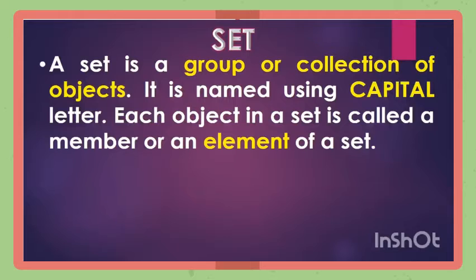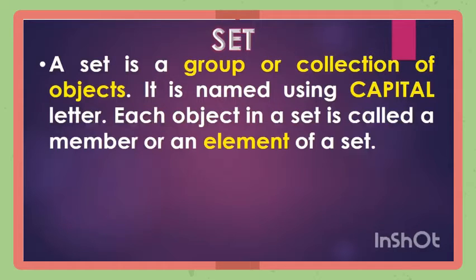Remember that a set is named using capital letters. So, kagaya ng example ko kanina, yung group name nila, set A, set B, and set C, are capital letters. So, gumamit ako ng capital letters kasi hindi pwede ang small kapag nag-name tayo ng set. Now, each object in a set is called a member or an element of a set.